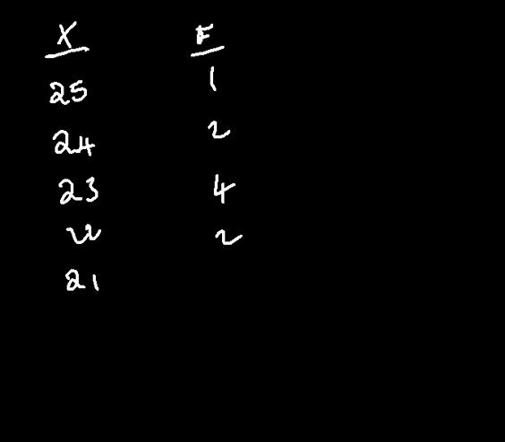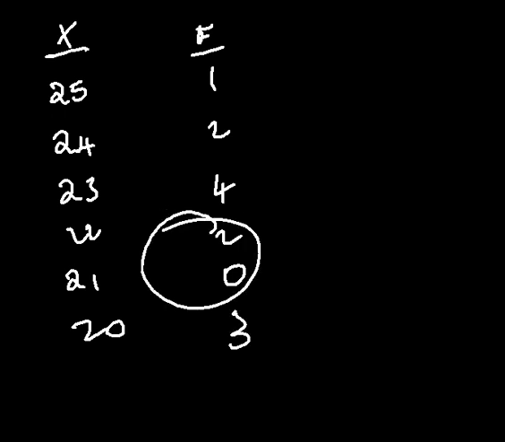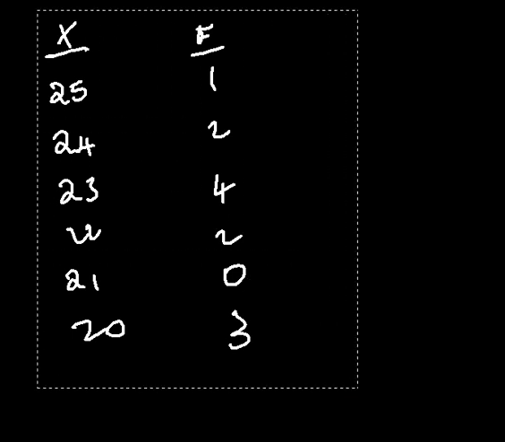We have a data value of 25, and the frequency is 1. 24, the frequency is 2. 23, the frequency is 4. 22, the frequency is 2. 21, the frequency is 0. And 20, the frequency is 3. So try to find the mean deviation for the data like that.